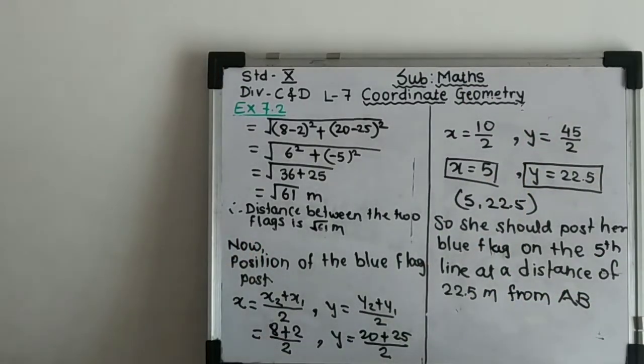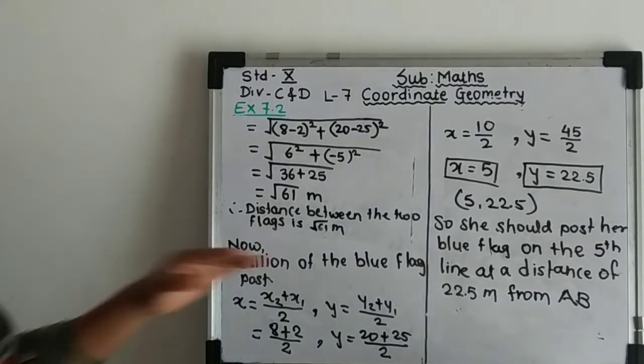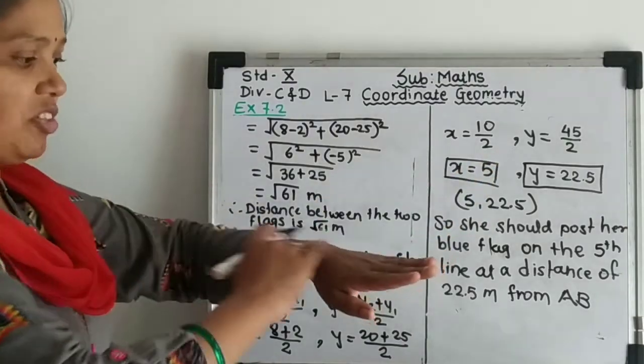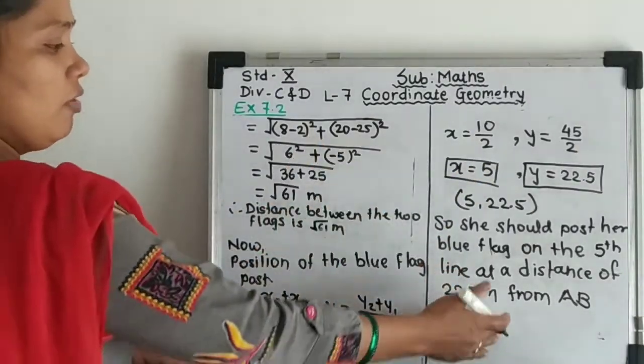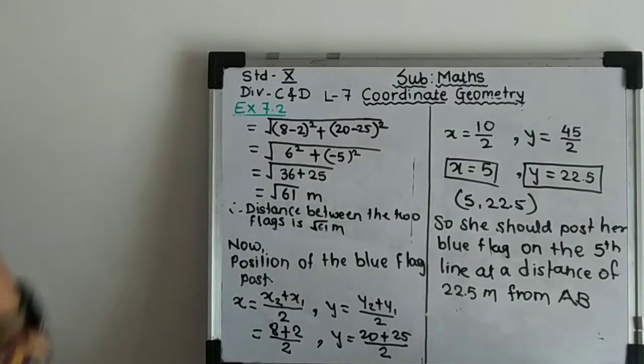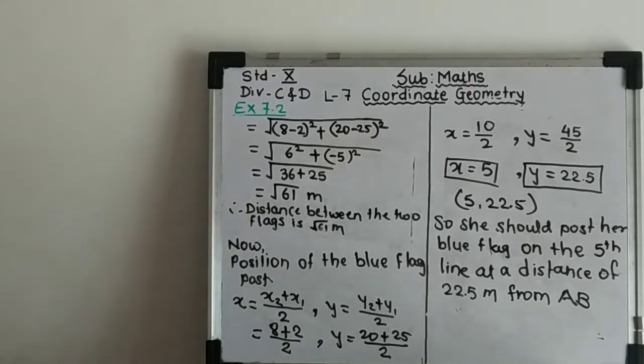Understood this one? So if you see that grid or ground structure, you will come to know that x is your 5. So on the fifth line, if we go vertically, she should post the flag at 22.5 meter. Understood? In this way this sum is over. I hope that you might have understood this sum.